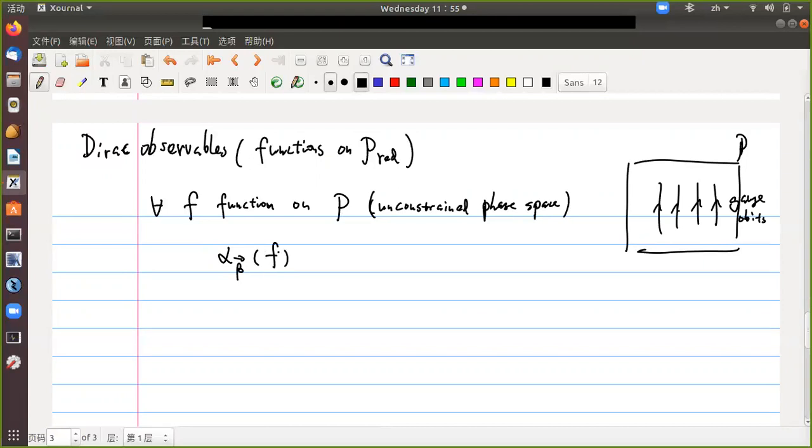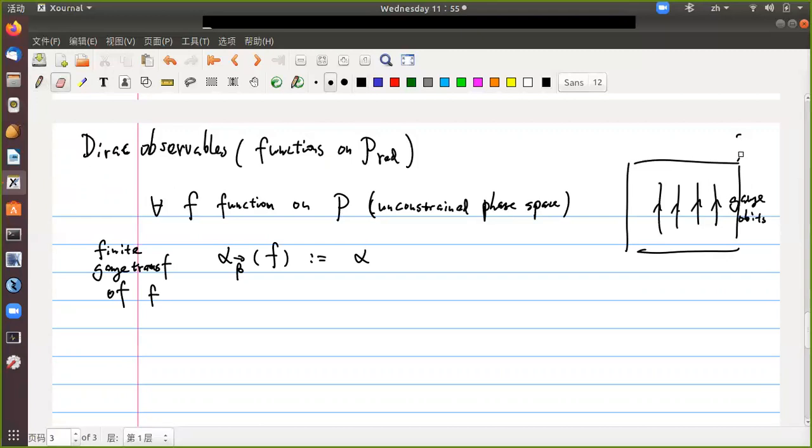Let's consider a finite gauge transformation generated by the Hamiltonian constraint and diffeomorphism constraint. What is this finite gauge transformation? The gauge transformation gives you diffeomorphisms on the phase space.